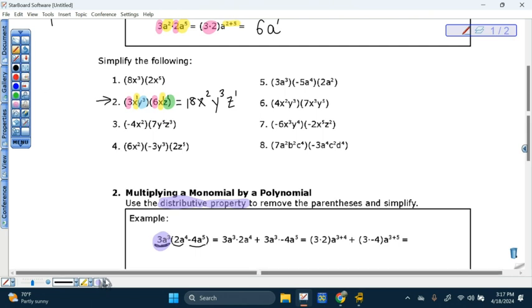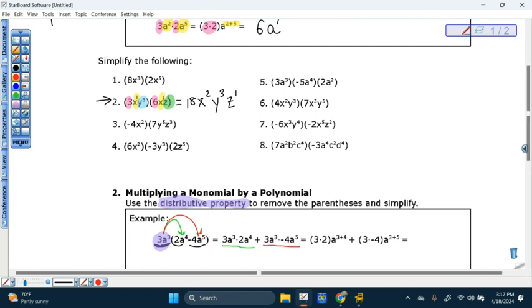I take this 3a cubed and multiply it by the 2a to the 4th, and then take that 3a cubed and multiply it by negative 4a to the 5th.